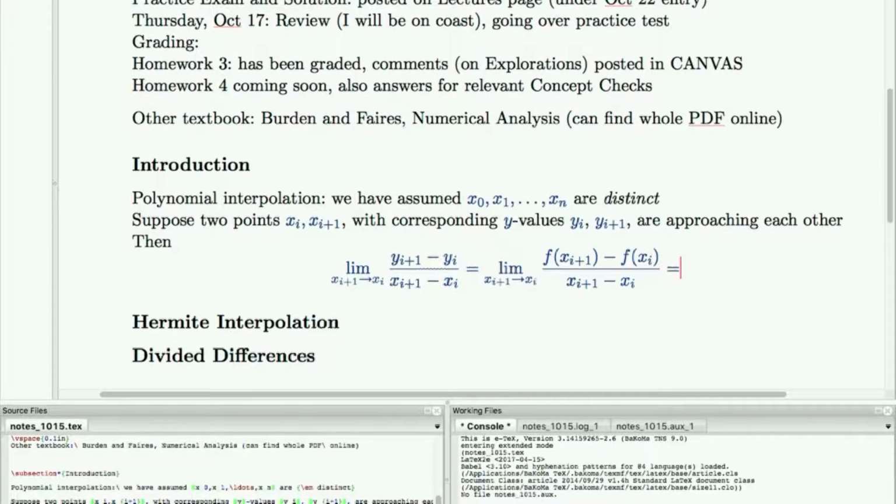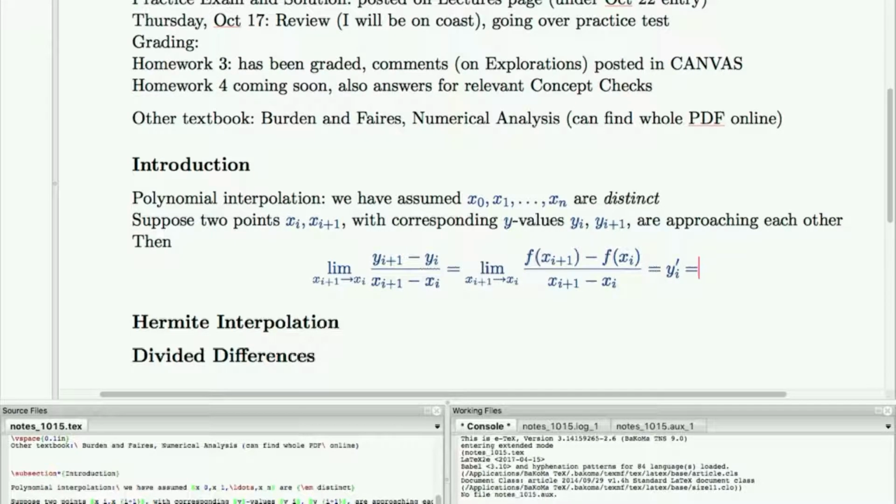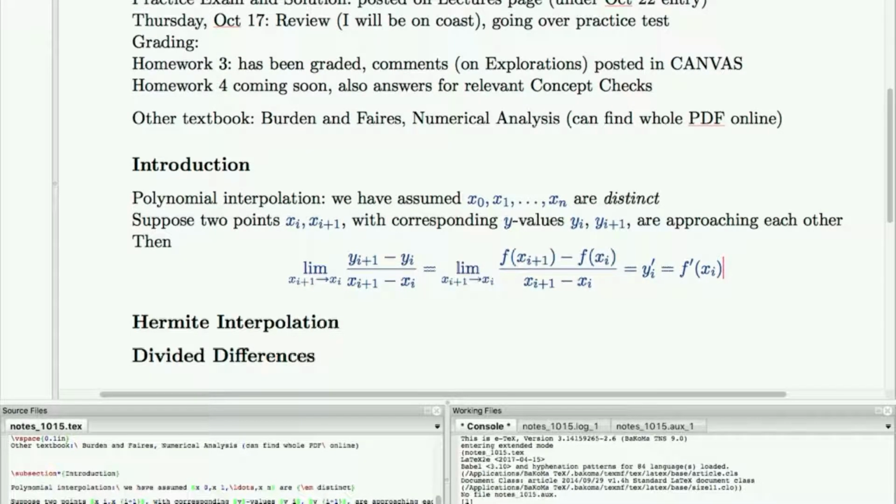Derivative, I think I heard someone say. Okay, all right. I was hoping it wasn't wishful thinking on my part. Yeah, so f prime of xi, because numerator and denominator individually are converging to 0, but when it's 0 over 0, then you have to figure out what the limit is. The limit turns out to be the derivative.